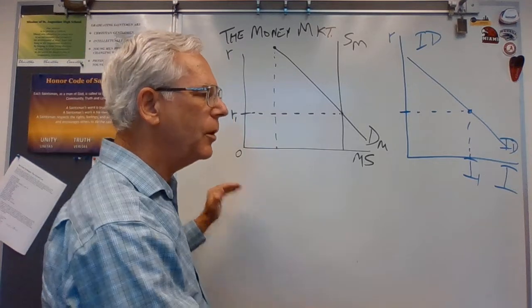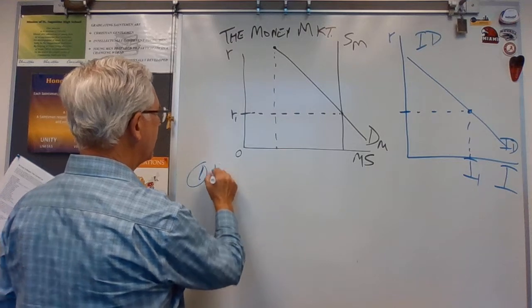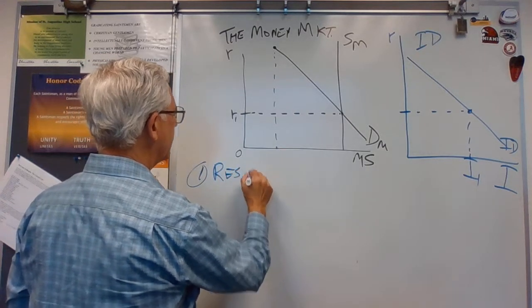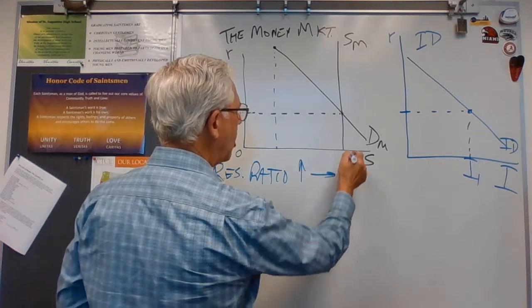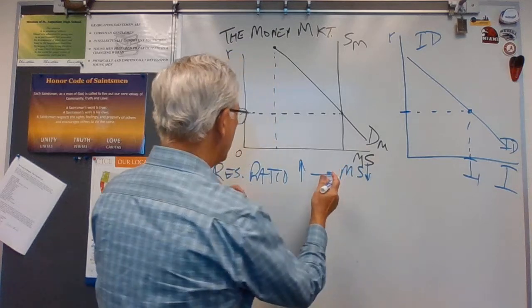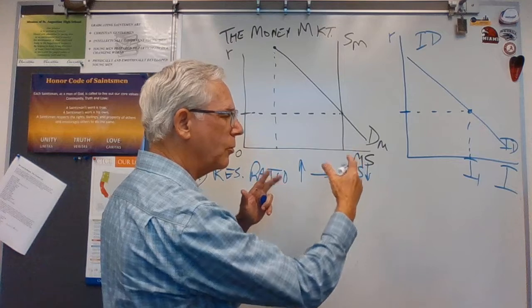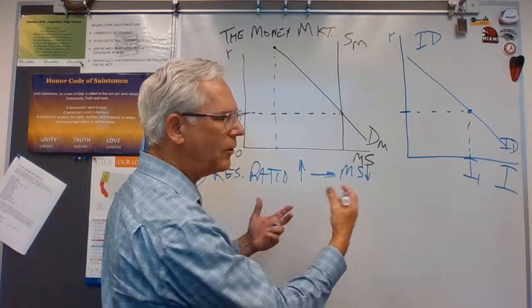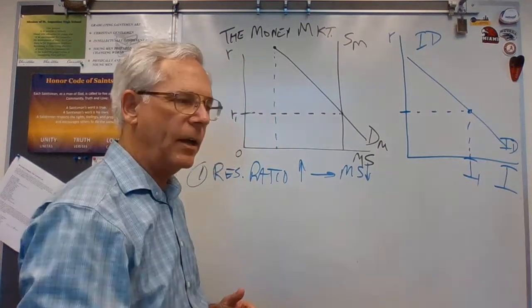If they raise the reserve ratio, okay, so the first one we talked about was the reserve ratio. If that goes up, it causes the money supply to go down. Raising the reserve ratio reduces the amount of excess reserves. When you reduce the amount of excess reserves, banks can't make as many loans, and the money supply falls to the left, okay?